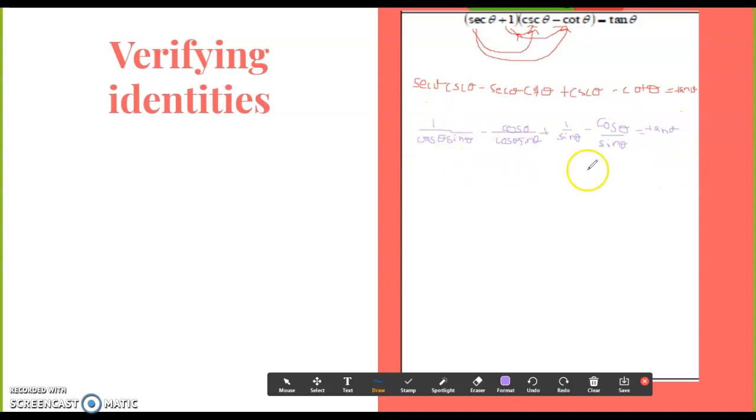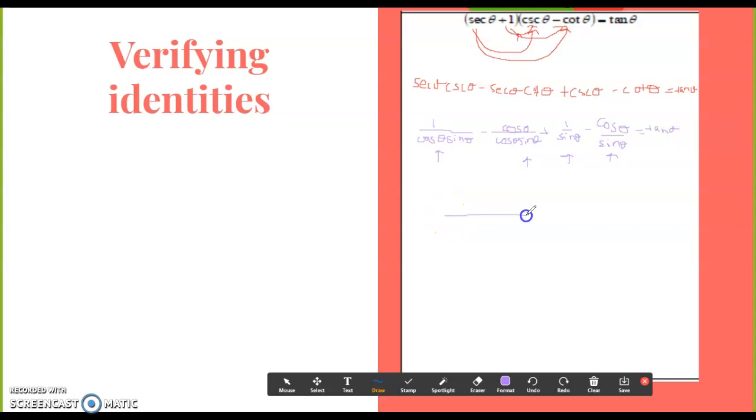Let's go ahead and put this expression to the left. Let's put it in terms of one big whole fraction. If I look at each one of these denominators, I notice my common denominator is obviously going to be cosine of theta times sine of theta.